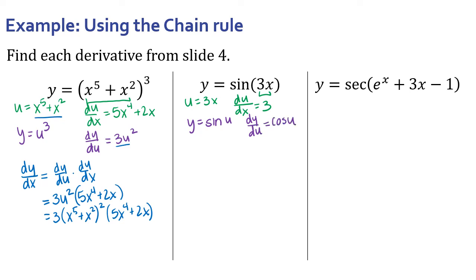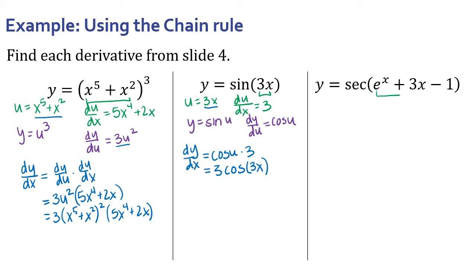So now when I set this up, dy dx equals dy du, which is the cosine of u, times du dx, which is 3. I'm going to write that 3 first, and then substitute in what u is, so I get 3 times the cosine of the quantity 3x.